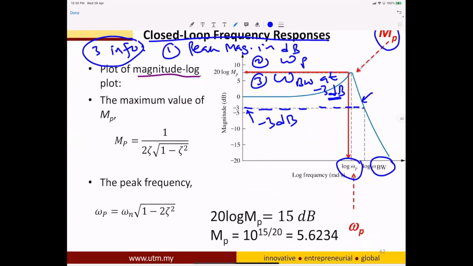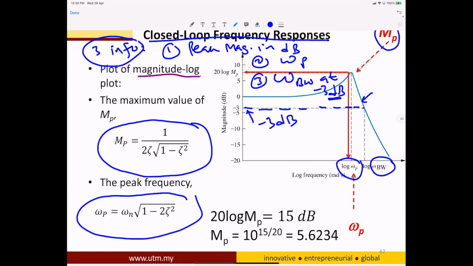So the magnitude peak is represented by this formula, 1 over 2 zeta square root of 1 minus zeta square. And the peak frequency is represented by omega P equals omega N square root of 1 minus 2 zeta square. Okay. So when you obtain the MP, which is 15 decibel, and you want to change to the value of MP without dB, you have to use the anti-log.